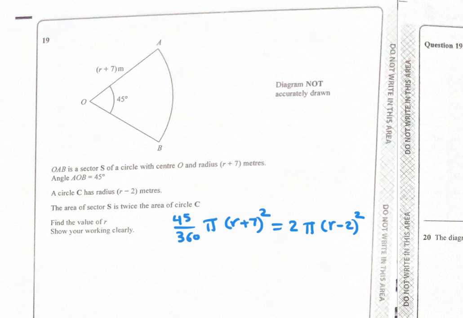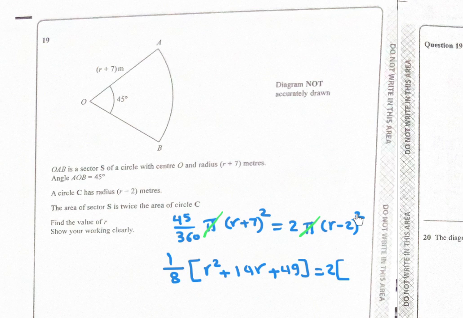Now you can cancel pi with pi, and you can simplify 45 over 360 with your calculator, so this is 1 over 8. Expand R plus 7 all squared, so R squared, R times R, R squared, 2 times 7 times R, so 14R, and 7 times 7, 49, equals 2.